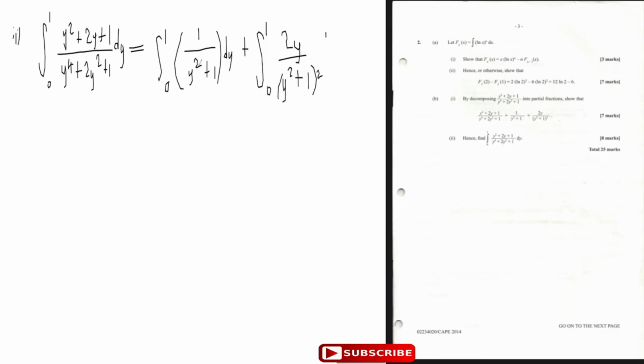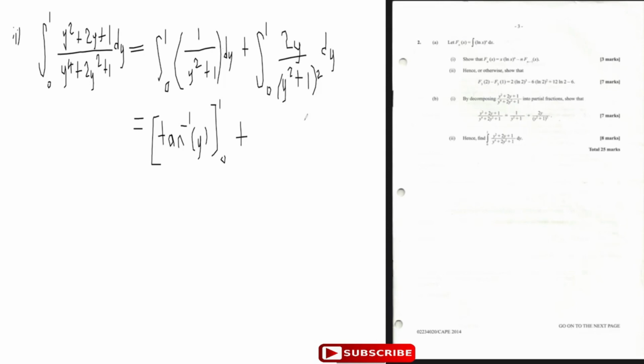Now to do this integration, 1 over y squared plus 1, when you integrate that, it's going to be tan inverse of y. This is just tan inverse of y from 0 to 1. Plus, now right here, let's do the rest, this integration here.